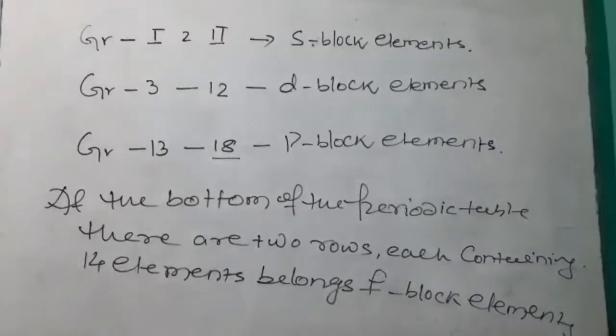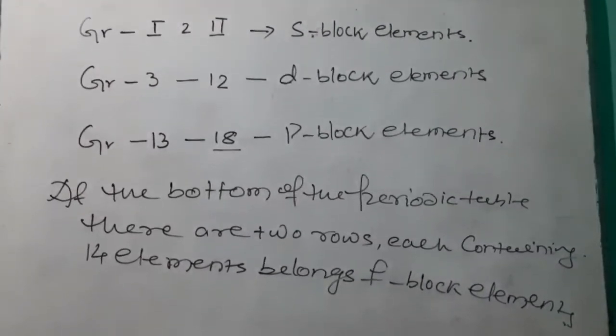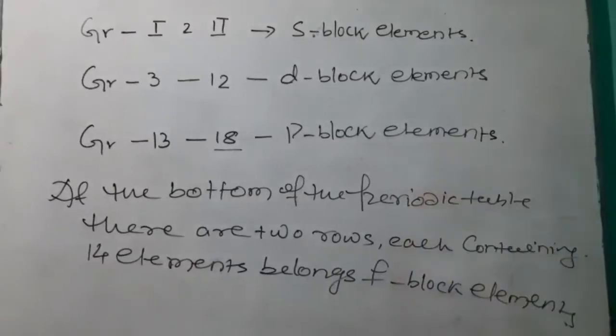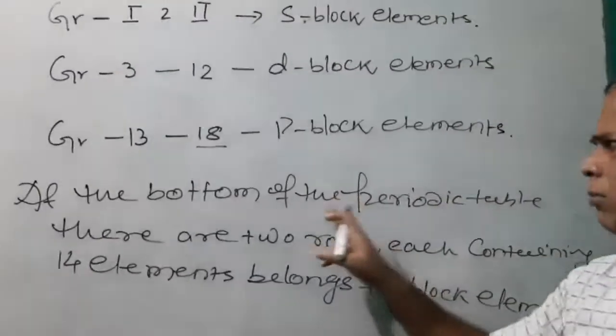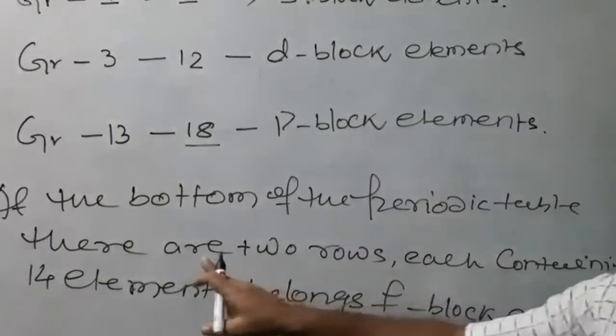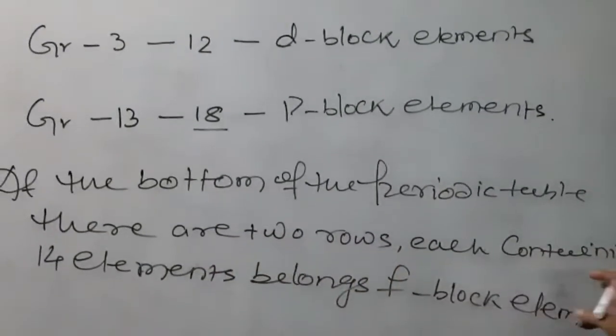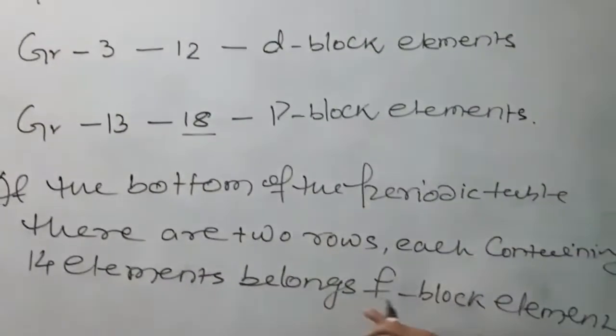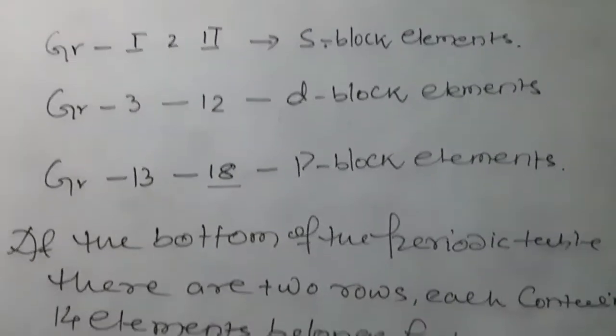Group 3 to 12, D block element. Group 13 to 18, P block element. And at the bottom of the periodic table, there are two rows, each containing 14 elements, belongs F block element.